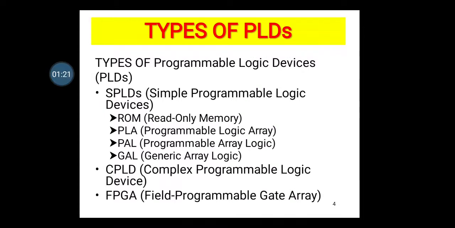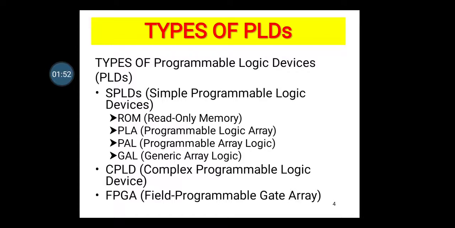Different types of PLDs. Here you can see there are different types of PLDs, in which the first is simple programmable logic devices. In that you have categories, that is read only memory, which is also a PLD, then PLA, programmable logic array, PAL, programmable array logic, and GAL, generic array logic.